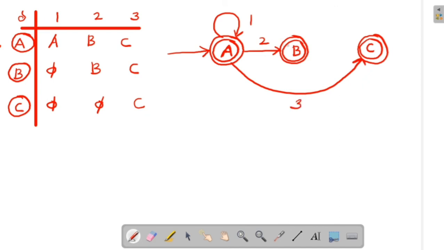Then B to B over the alphabet 2, B to C over the alphabet 3, C to C over the alphabet 3. So this is the equivalent NFA.